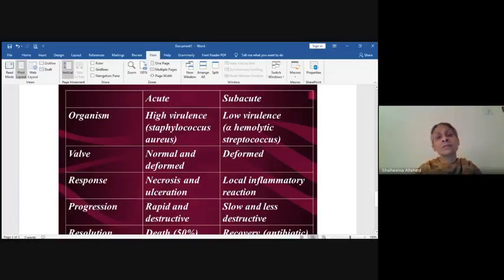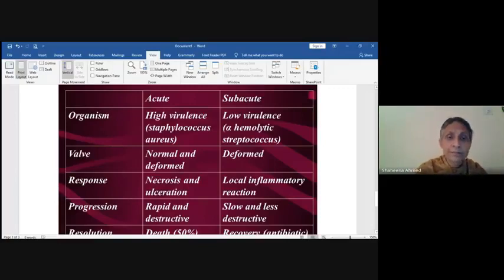Because when the patient comes to us, we don't know. We have to take the history, but still we have to rely on our own examination. Sometimes the facts which are given by the patient are not correct. So we have to use our own judgment where these things are concerned. Now let's look at acute and subacute.